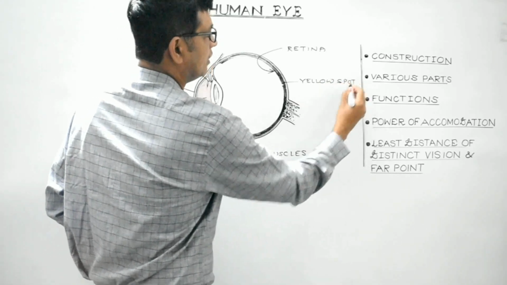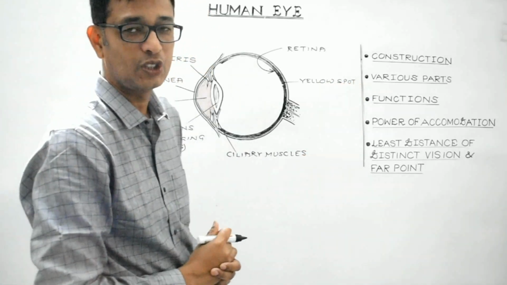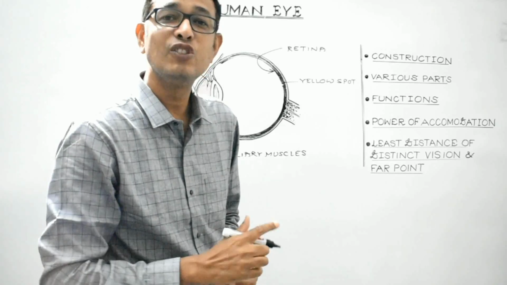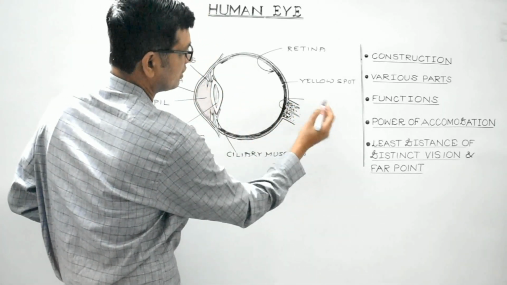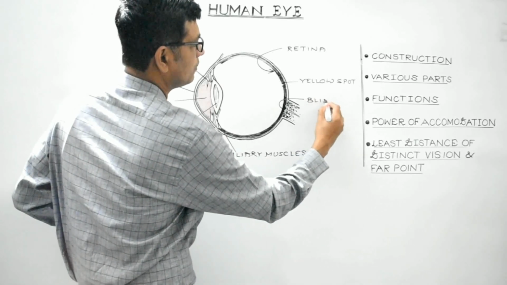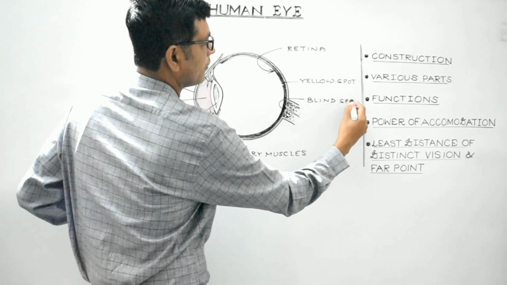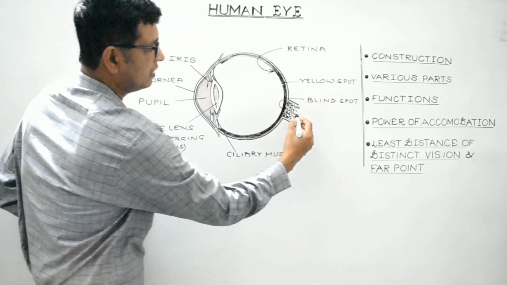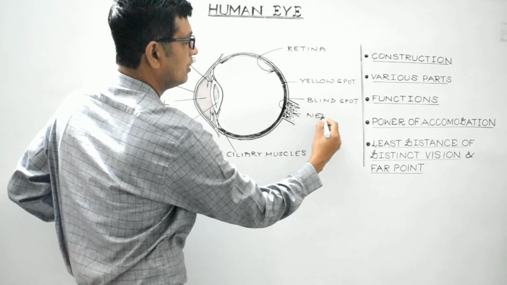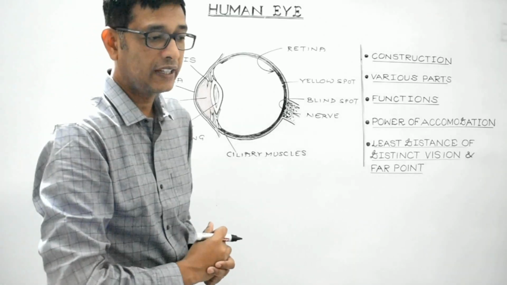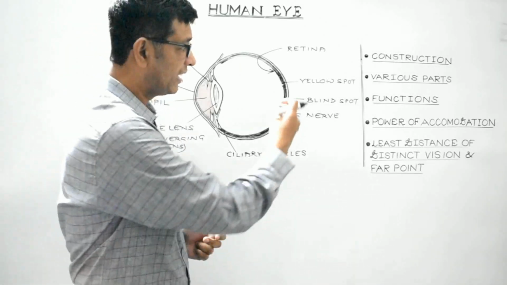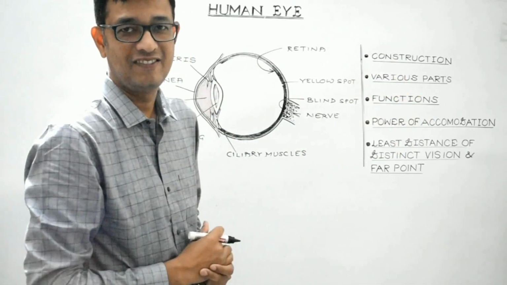While the least sensitive spot on the retina is known as the blind spot. This is where the blind spot is. And this is the nerve. The function of the optic nerve is to take the light signal from the retina to the brain.